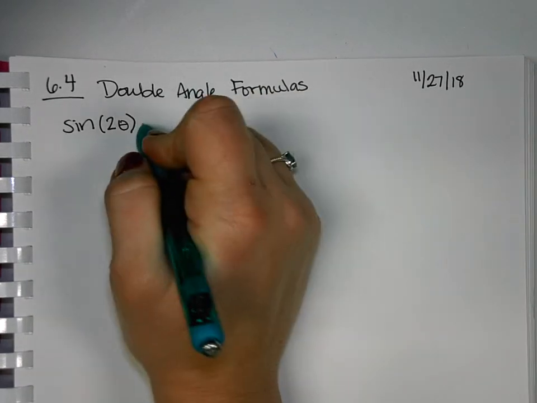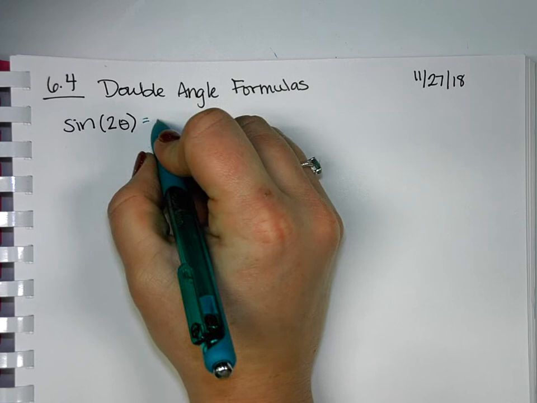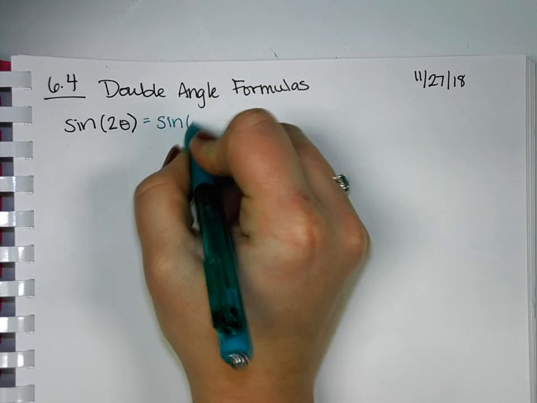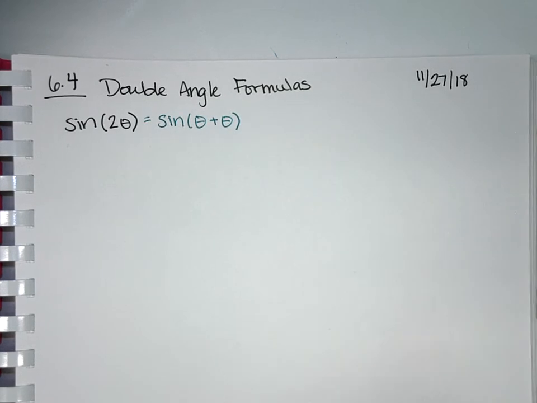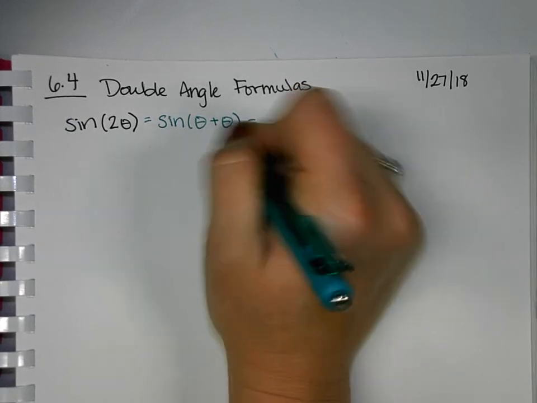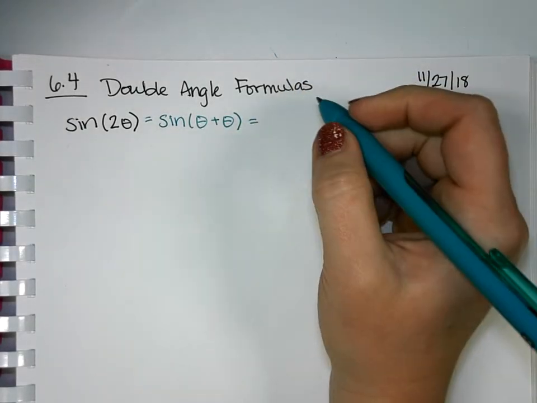So I want to think about how we could rewrite this. We could rewrite this as sine of theta plus theta. If we take our double and separate it into theta plus theta, then we have our angle addition for sine.